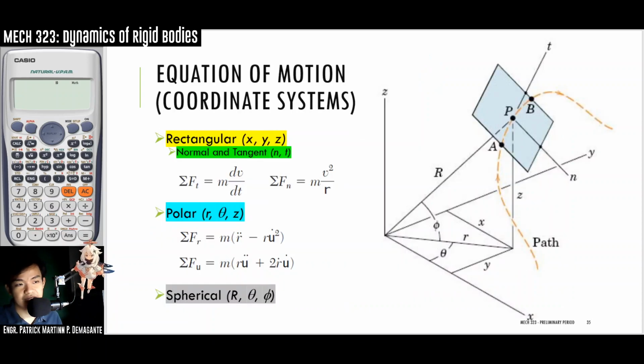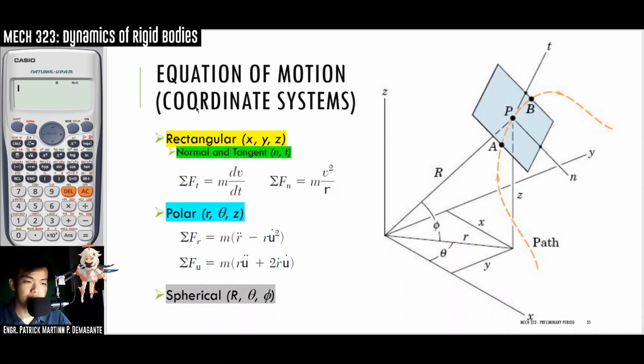Kasi, meron tayong equations of motions. Equation of motions or mas gusto ko siyang tawagin as yung ating coordinate system. Okay, so we have sa other sources, meron tayong 1, 2, 3, 4, yung mga naka-highlight.